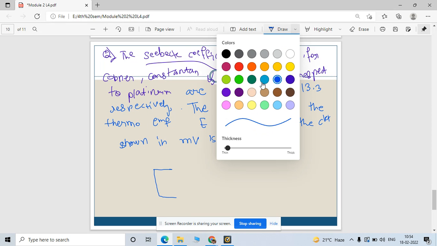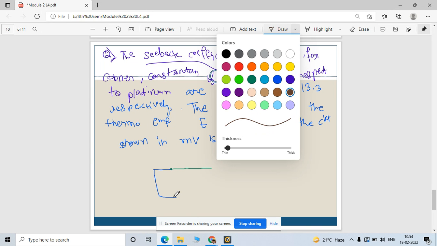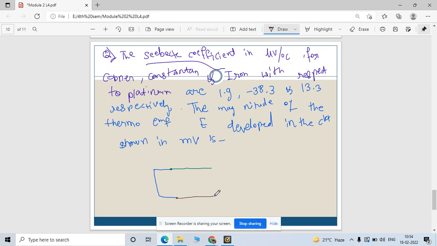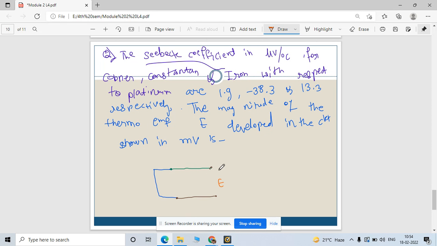Let's say this is your constantan wire, this is your copper wire, and this is your iron wire. This is given in your question.